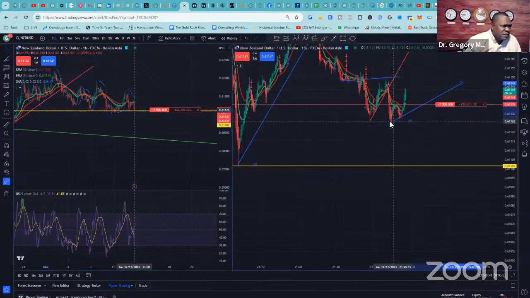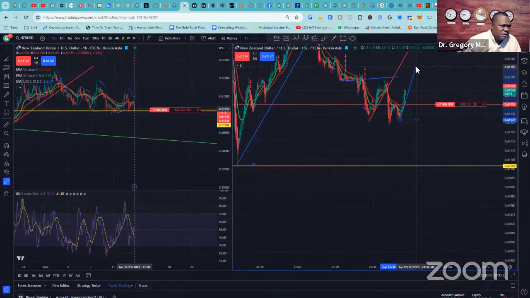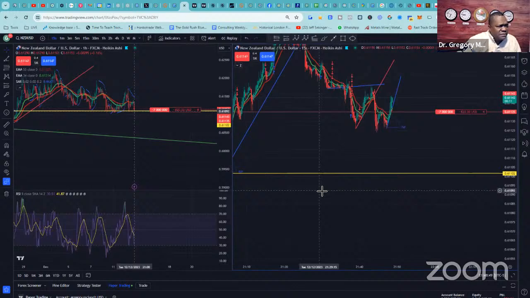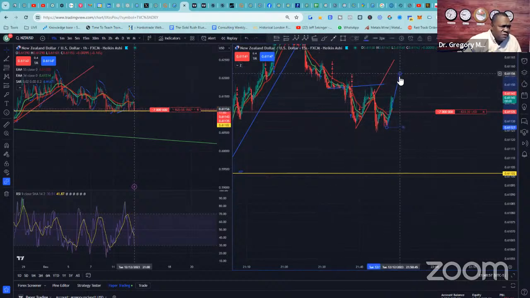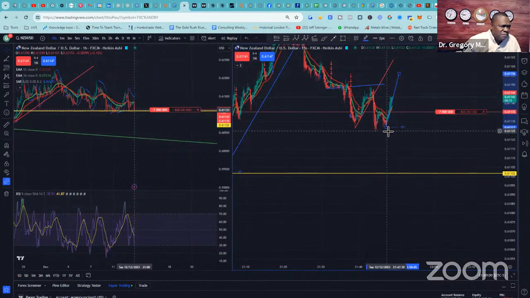This one is almost like a 60 or 70-degree angle. Look at that, it's like 74 degrees straight up. Now, the more vertical it is, sometimes the harder it falls. If it goes straight up, it becomes parabolic.